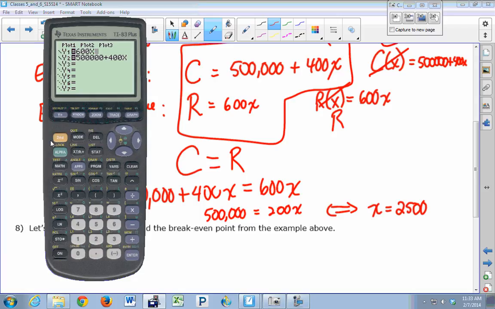So let's see what would be reasonable to set my table. Am I going to start at 0? I could start at 0 and increment by, I don't know, 100,000. But I think maybe I'll just start at 500,000. Oh, look at that.